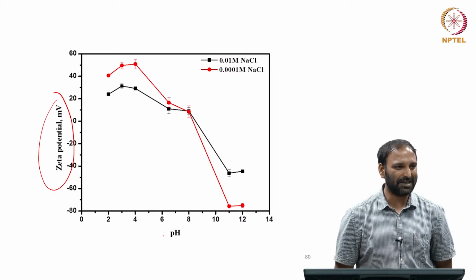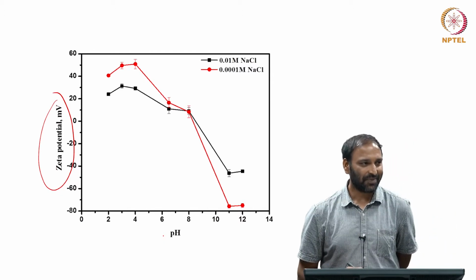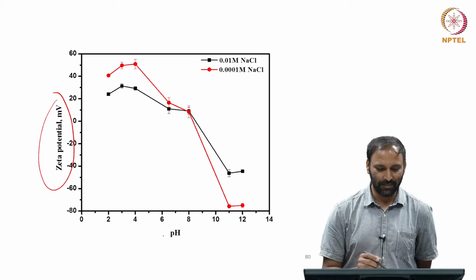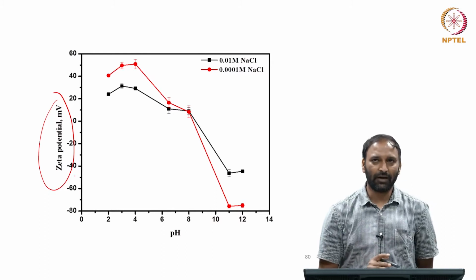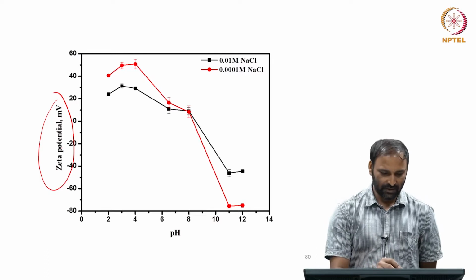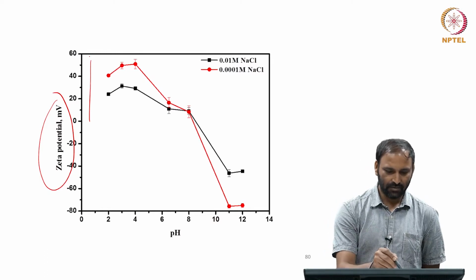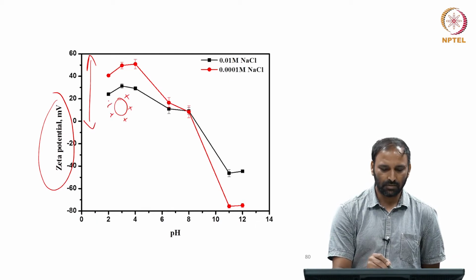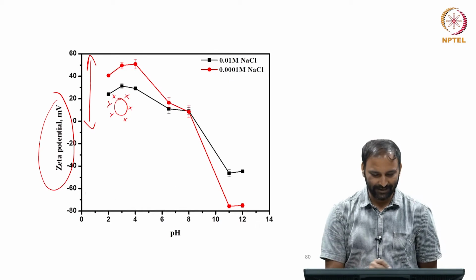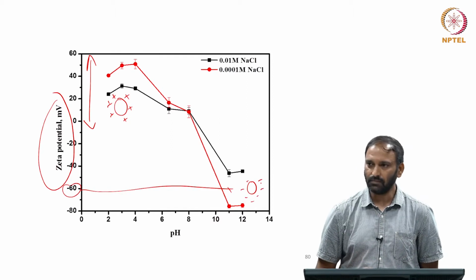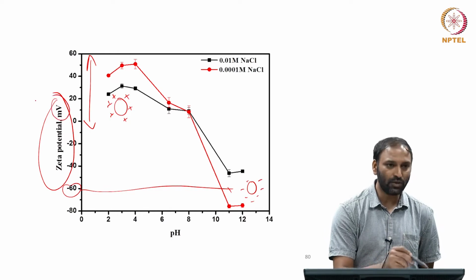Have you heard this parameter? Just to tell you in simplistic terms, the zeta potential tells you something about the charge of the particle. If the zeta potential is positive, the particles are positively charged. If it is negative, like here, they are negatively charged. And the unit is millivolts.